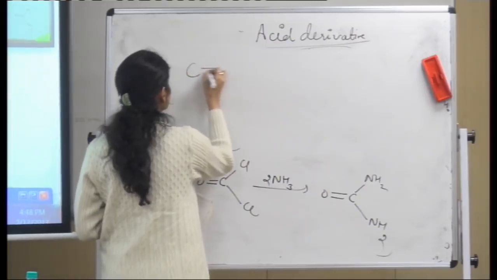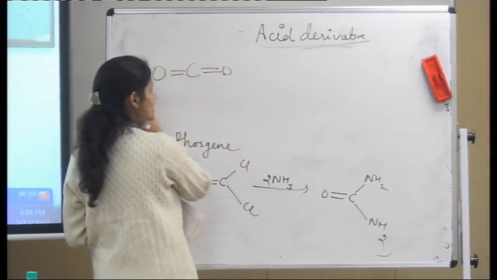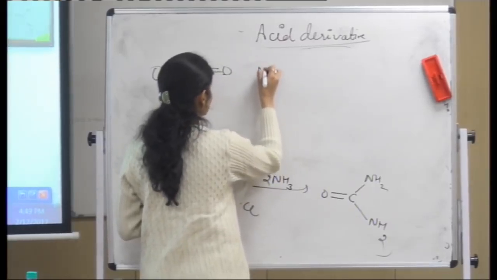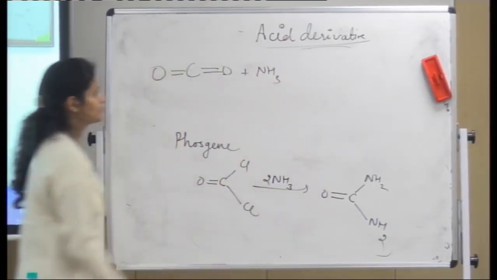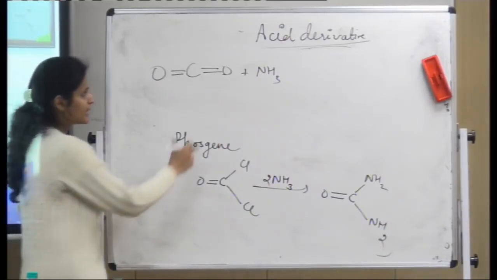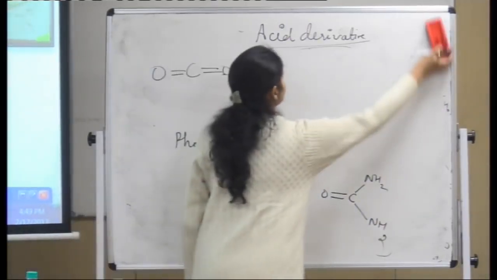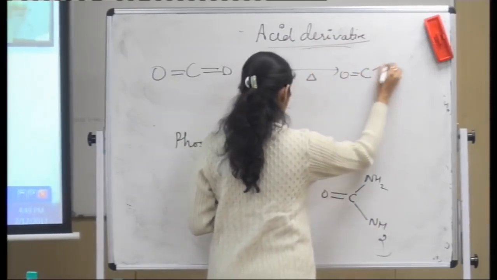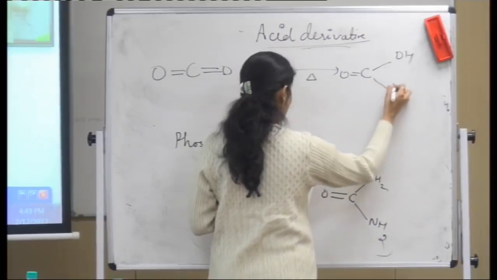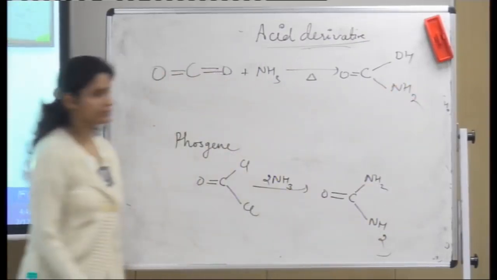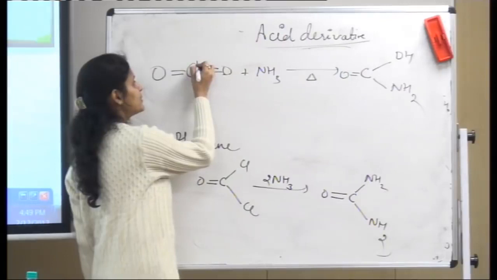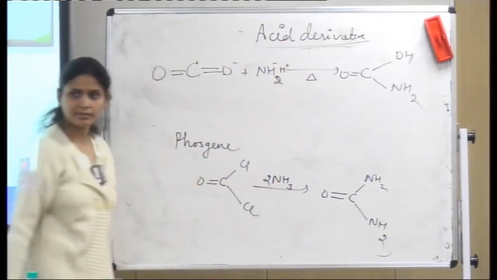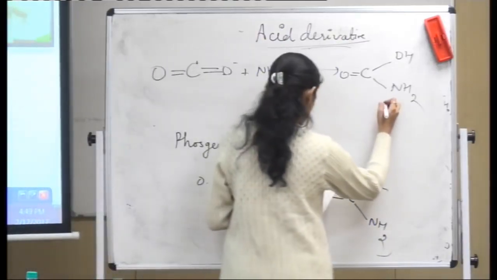I can also prepare urea using carbon dioxide. Suppose I take carbon dioxide and react it with ammonia and heat it. What will I get? CO, OH and NH2, this kind of formation.